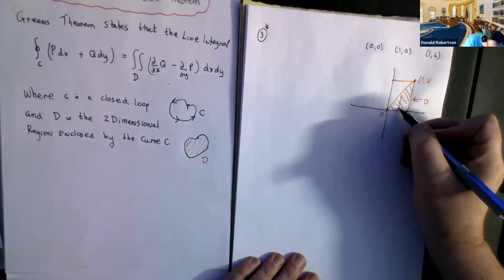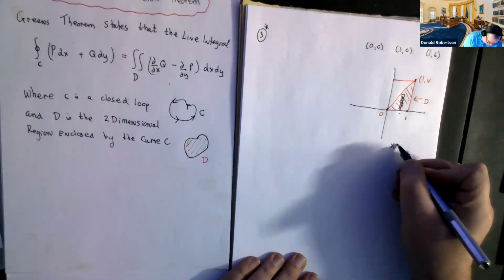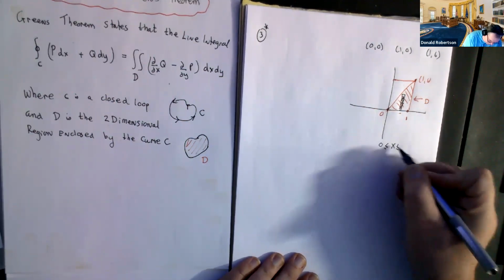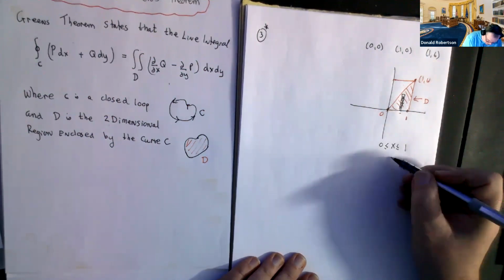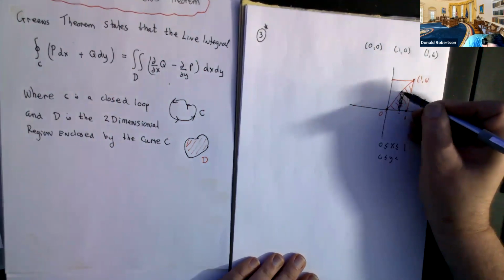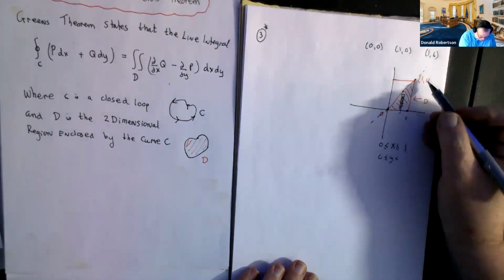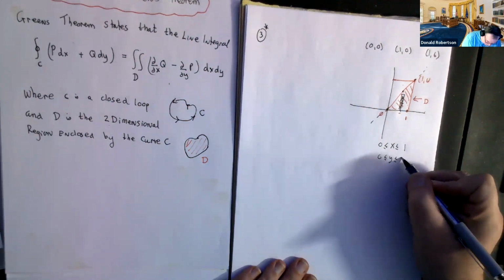So I would probably go vertical again. And that way X can take the limits from 0 to 1. Y, well, it's going to be on the bottom, so that's 0. And it's going to get to there, and that straight line passes through the point 1, 6, so that makes it y equals 6x.